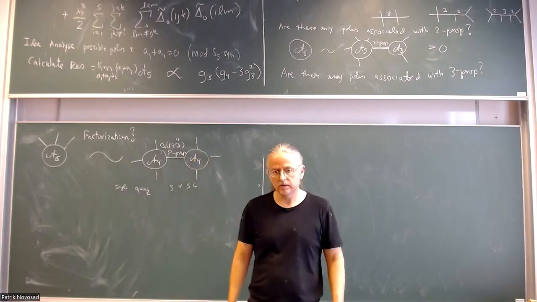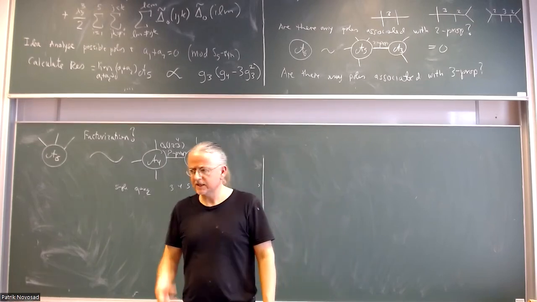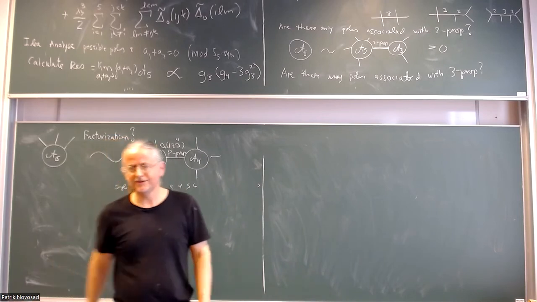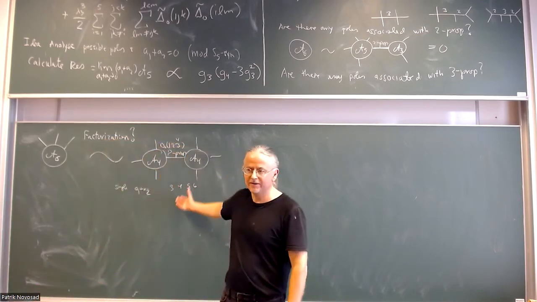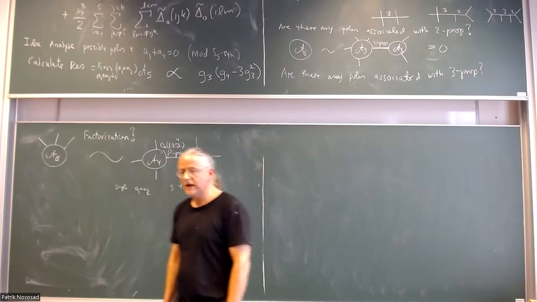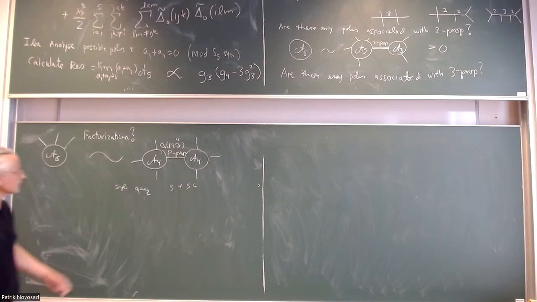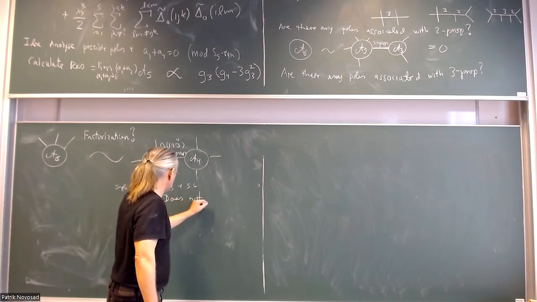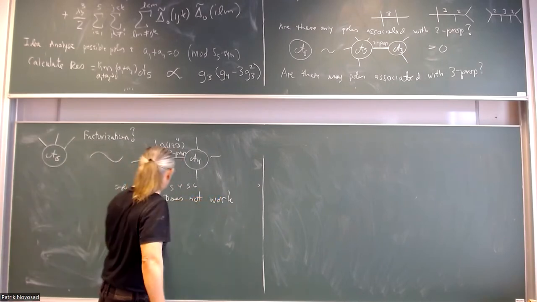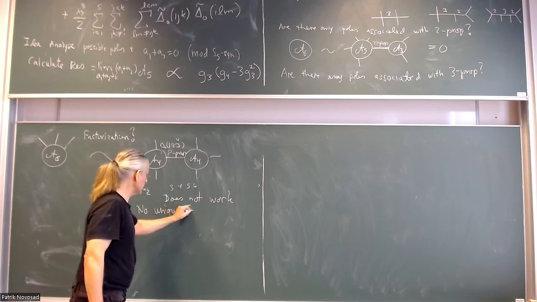It doesn't work. So you have to bite the apple, we say in Danish. You have to do the work. We cannot just do a simple factorization argument. We really have to calculate. So this does not work. No unique factorization in general.